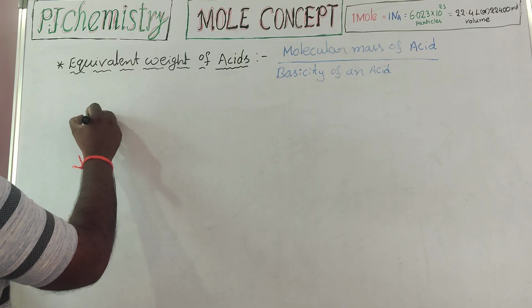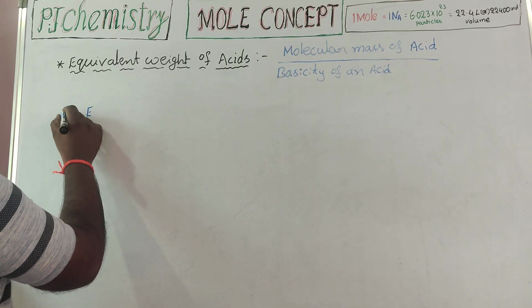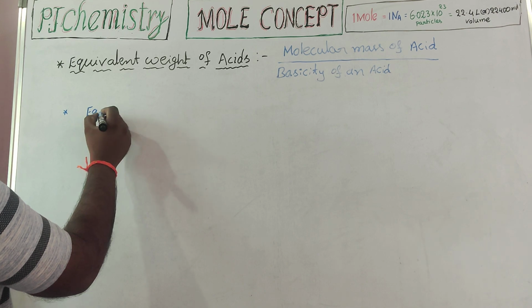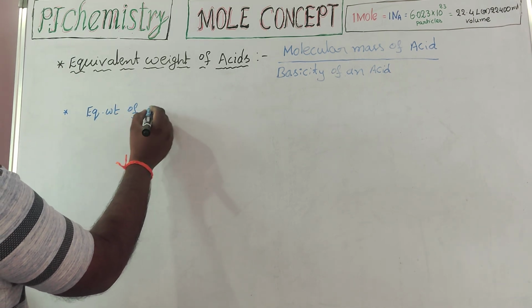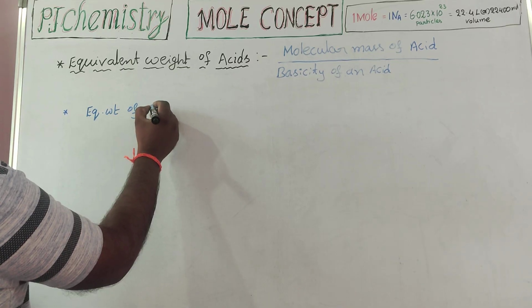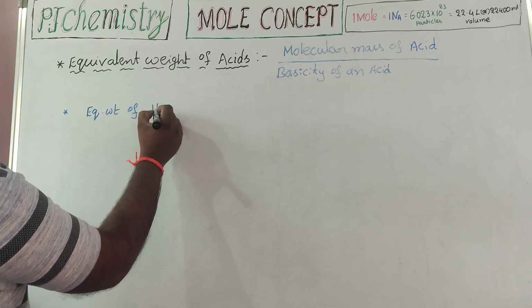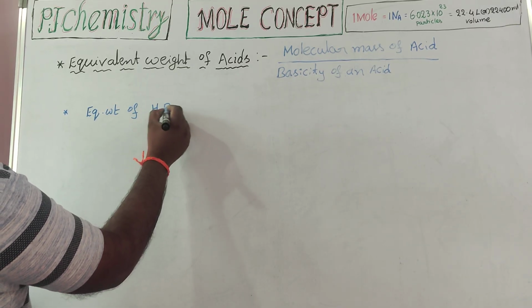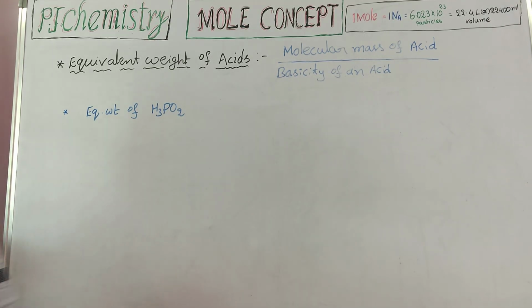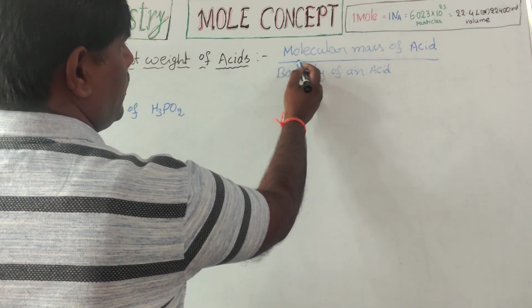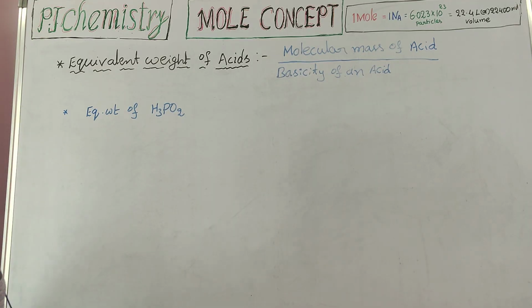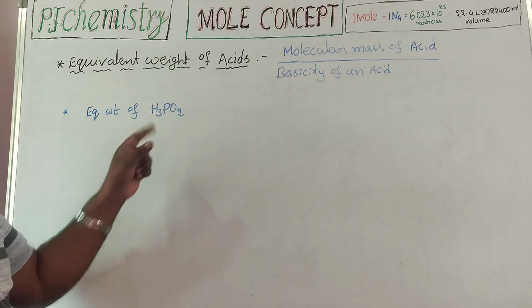Now, my question is, what is the equivalent weight of H3PO2? Find out the equivalent weight of H3PO2. Numerator what? Molecular mass of acid. How to calculate the molecular mass?